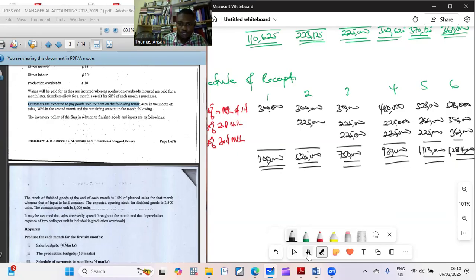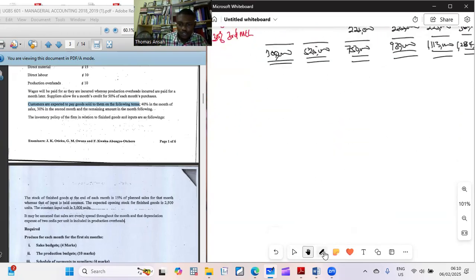The last thing to do is now present everything in your cash budget. So you now prepare your cash budget. We have month 1, month 2, 3. I think I should space it, right? And we are ending.